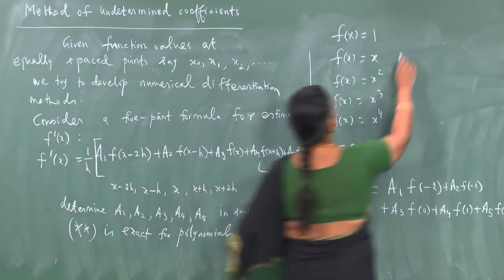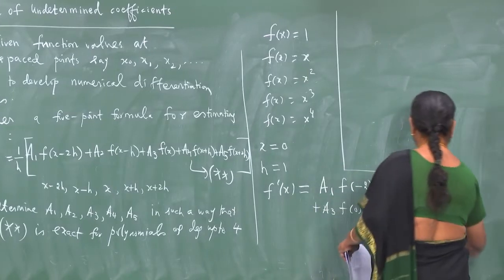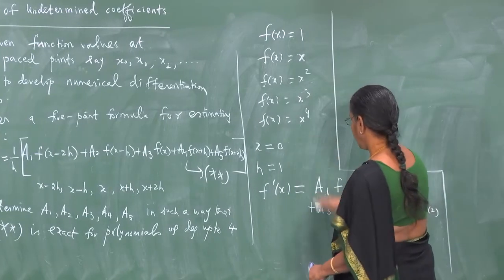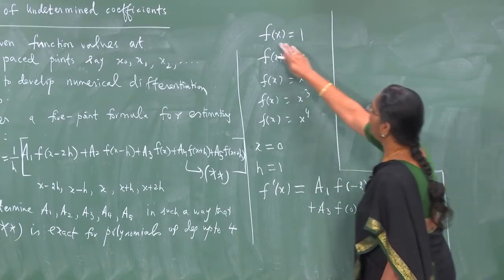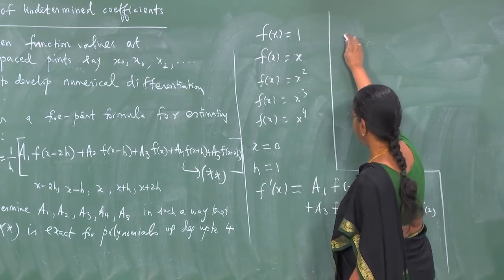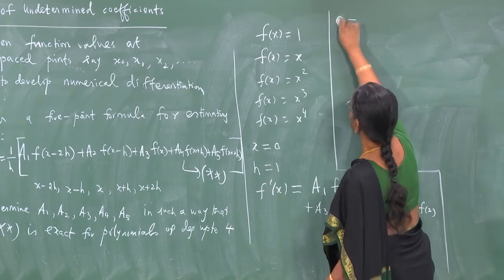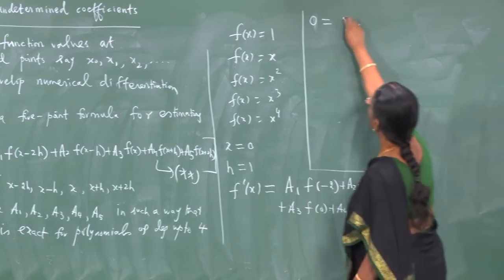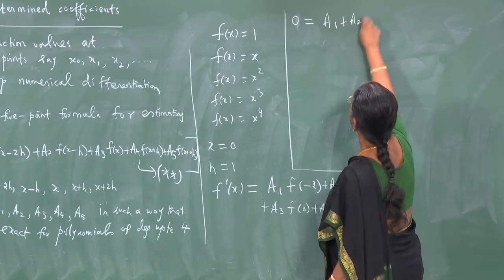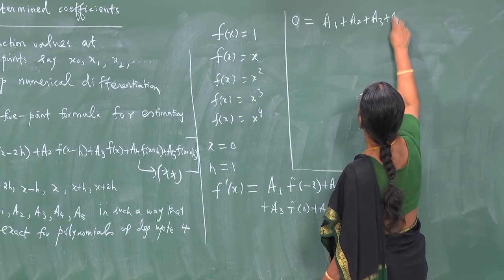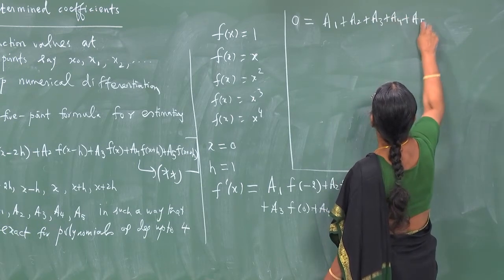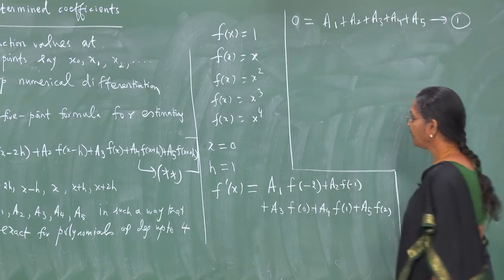So, let us substitute f of x given by these and arrive at the conditions. When f of x is 1, then f prime x is 0, and therefore, it will give you a1 plus a2 plus a3 plus a4 plus a5. So, that gives you the first equation.